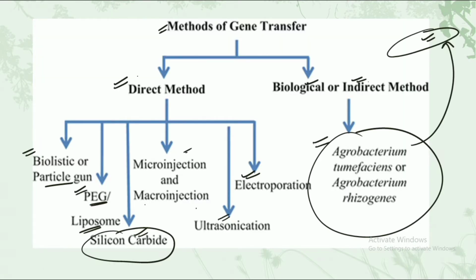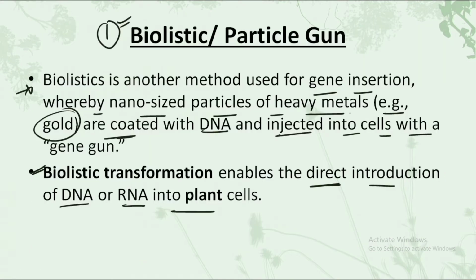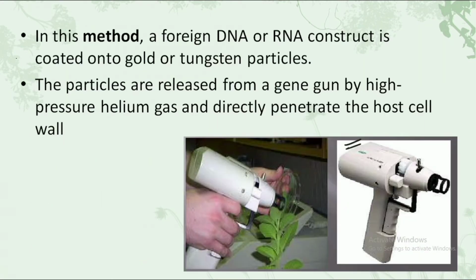So the first one that we have studied is the direct and the biolistics. So let's move forward. In this method, what we are actually doing is that the foreign DNA or the RNA construct is coated onto the gold or the tungsten particles. The particles are released from the gene gun by high pressure helium gas and they directly penetrate into the host cell wall. So this is how the complete process occurs.